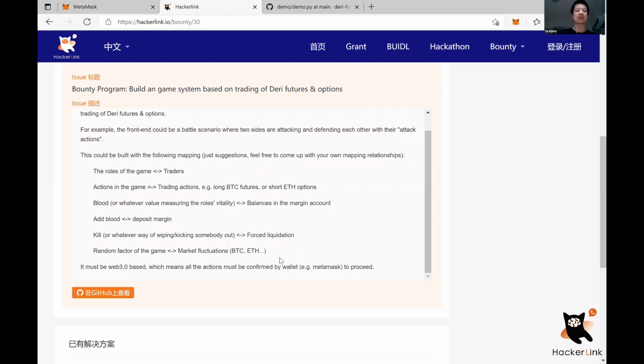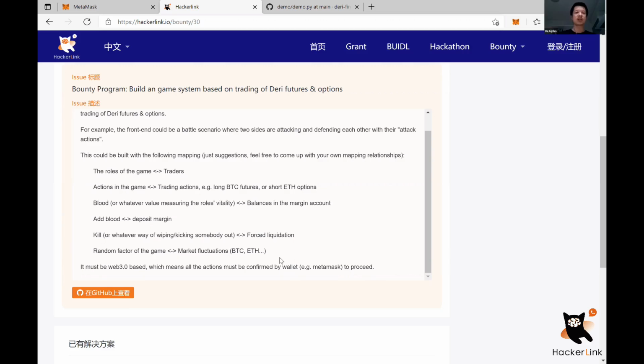As long as it makes sense, it's good. And of course, we want this to be interesting. The trading system attracts people for financial purposes: they want to make money, make bets, or hedge their risk.